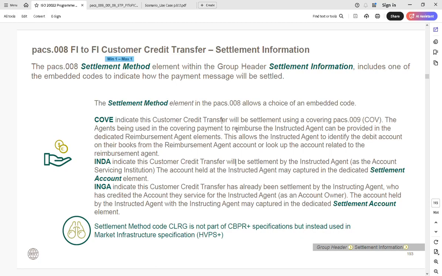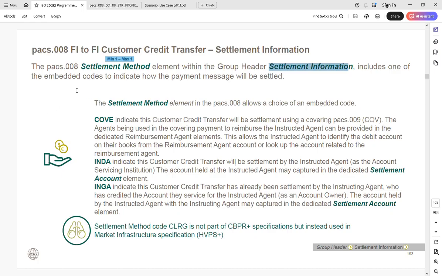First of all, this settlement method is found in the group header under the settlement information tab. If you want to see it here, this is the settlement information in the group header.